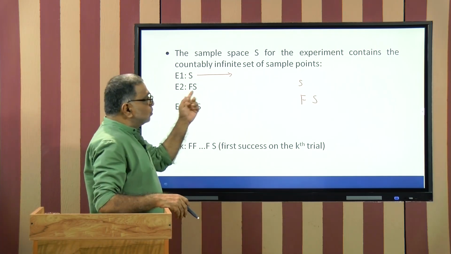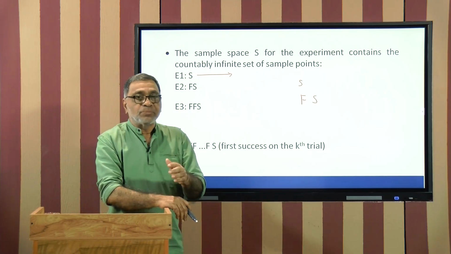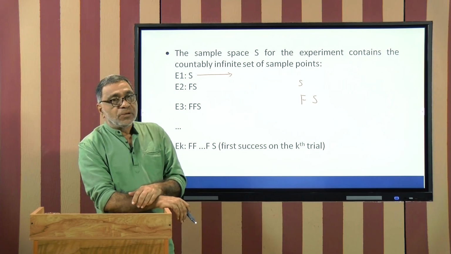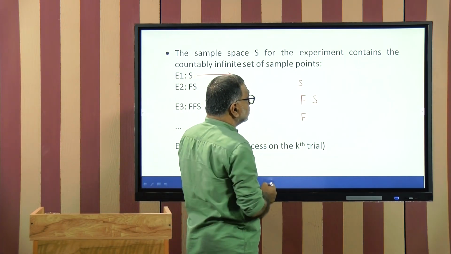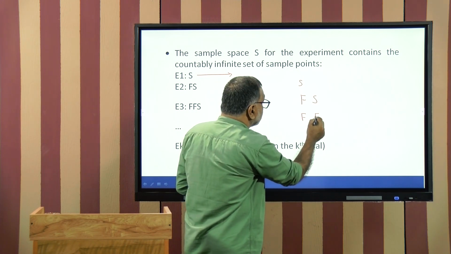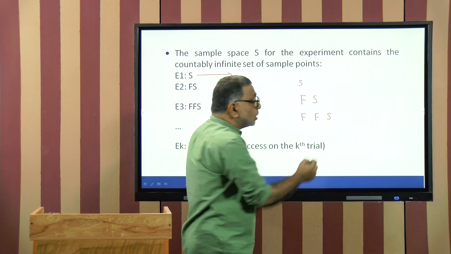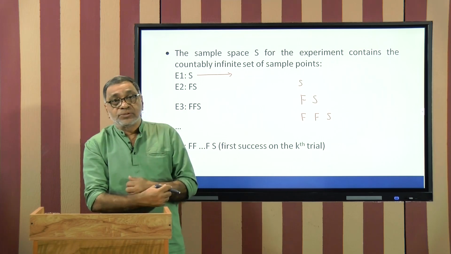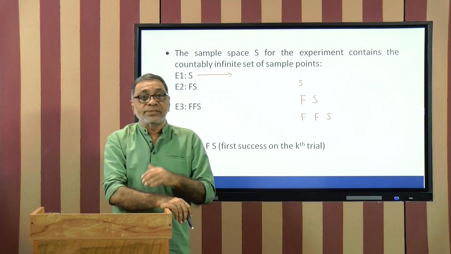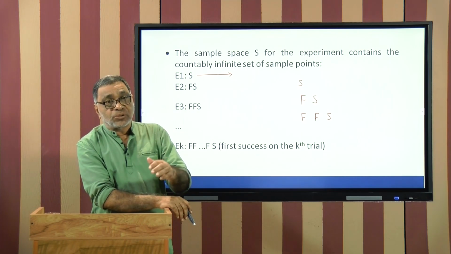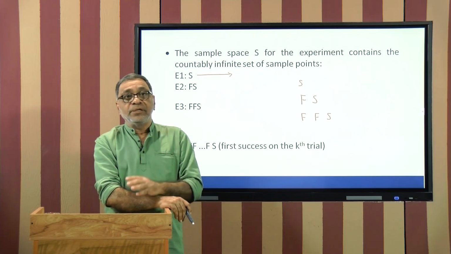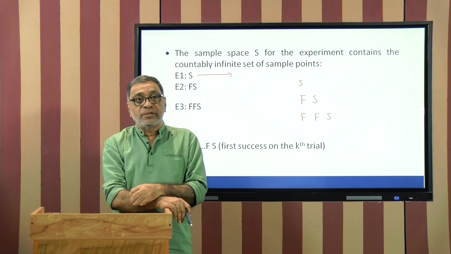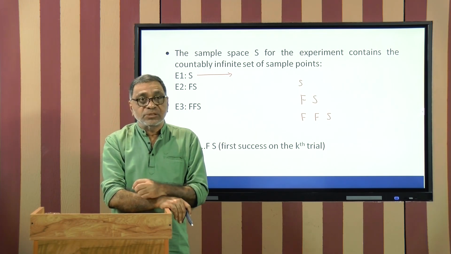That is E2, we stop the experiment. And if the first and second trials are both failures, you continue, and suppose the third trial results in a success, then we stop the experiment.